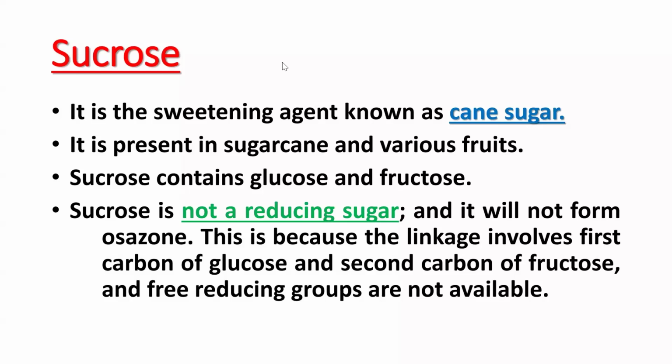So sucrose is a combination of glucose and fructose. Remember, glucose is a monosaccharide and fructose is a monosaccharide. When these two monosaccharides are joined together through a glycosidic linkage, they form sucrose.